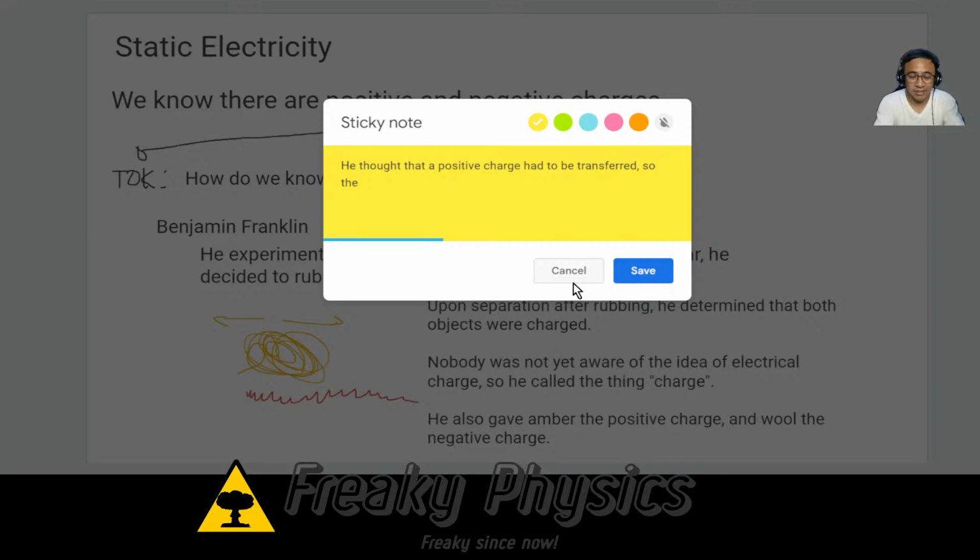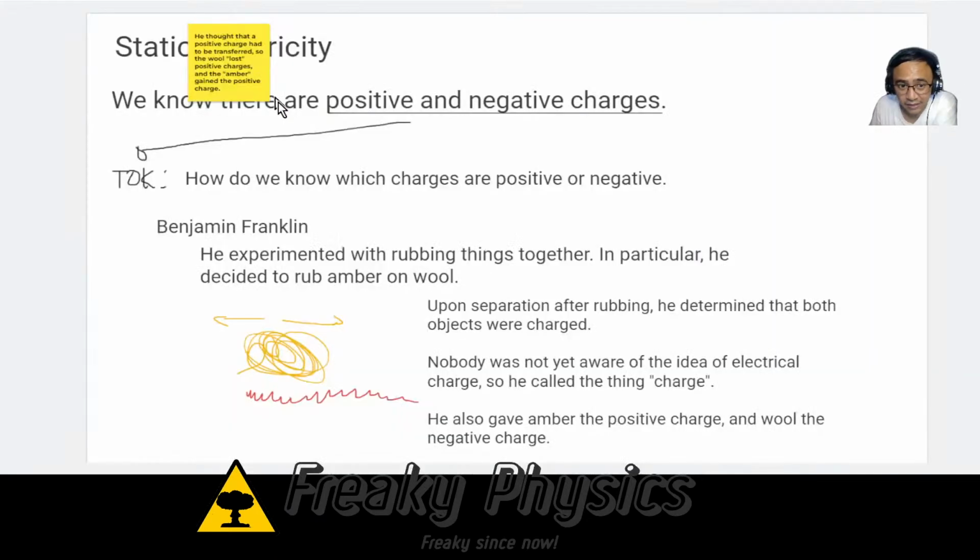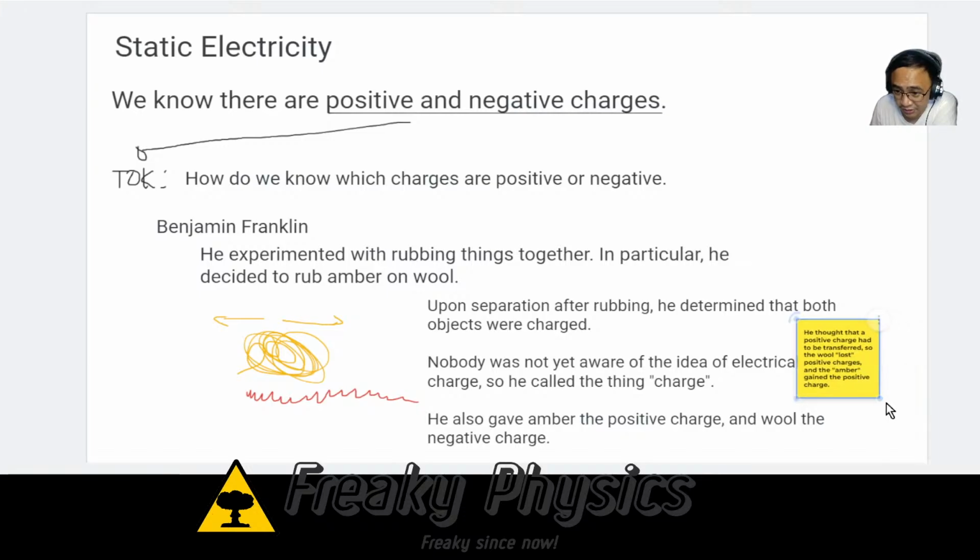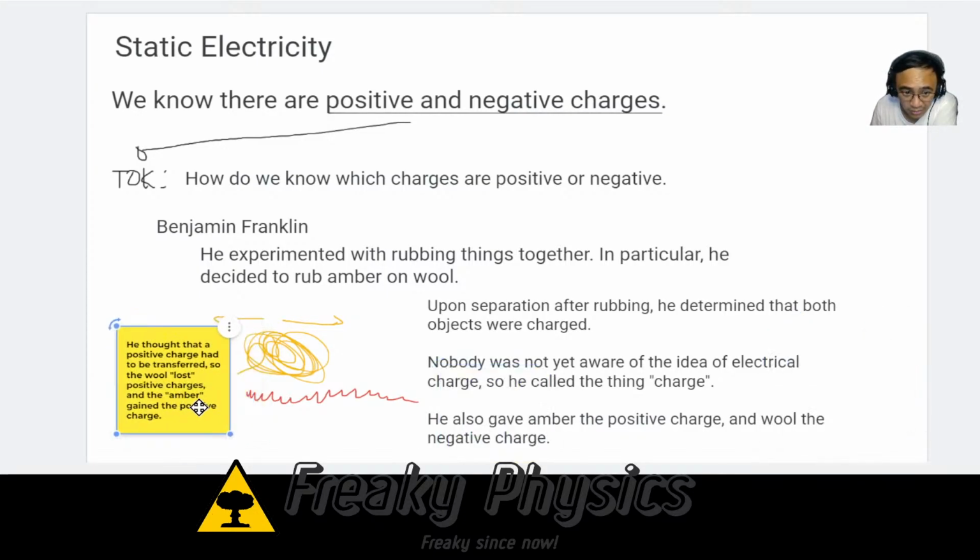So what happened was the wool lost positive charges, and the amber gained the positive charge. Later on, we discovered that it's actually the electrons that are moving around and not this positive charge. So essentially, he was wrong on this aspect.